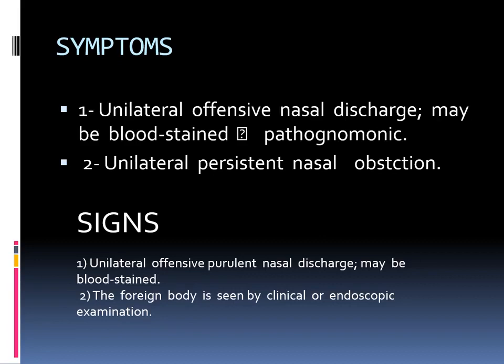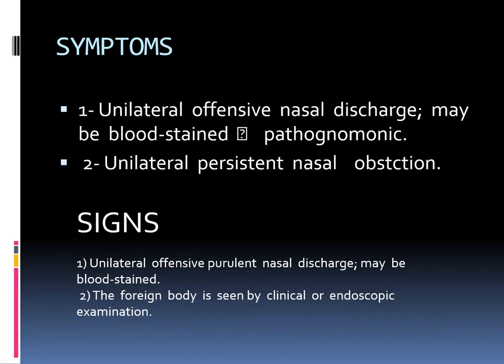What happens to a patient when he inserts a foreign body in his nose? Usually he puts it in just one side. So there will be a unilateral offensive nasal discharge, maybe blood stained, which is pathognomonic. In a child, you have to think of foreign body.